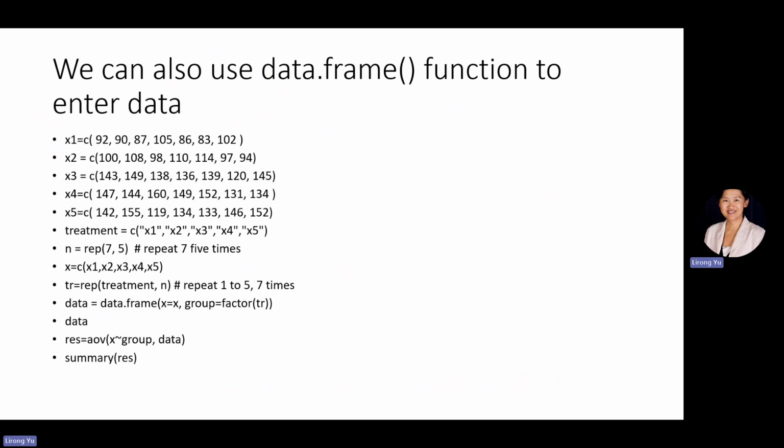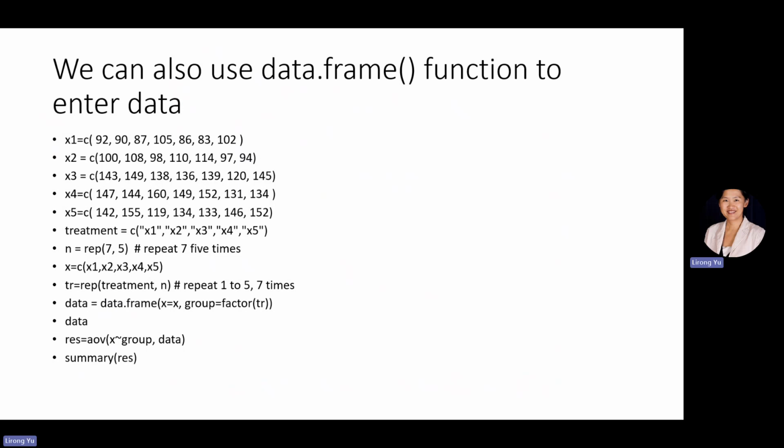So you repeat x1 7 times, and you repeat x2 7 times, and you repeat x3 7 times. And that's what I'm calling n. I started calculating, so I did TR, which is repeating the treatment, this vector, that vector, following the format in n, right? And that is that column.